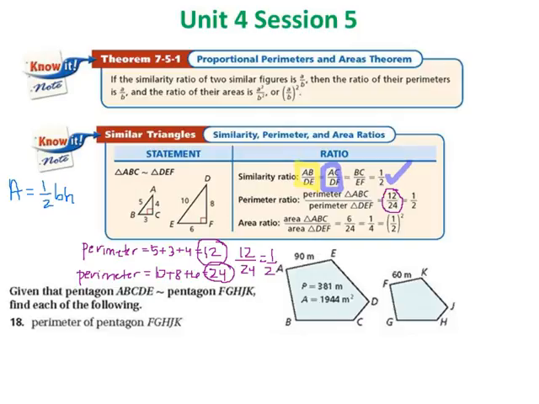So here's your base and here's your height for triangle 1, that smaller triangle. 1/2 base times height, 3 times 4. 3 times 4 is 12. So for triangle 1, the area is 12 divided by 2, which is 6.